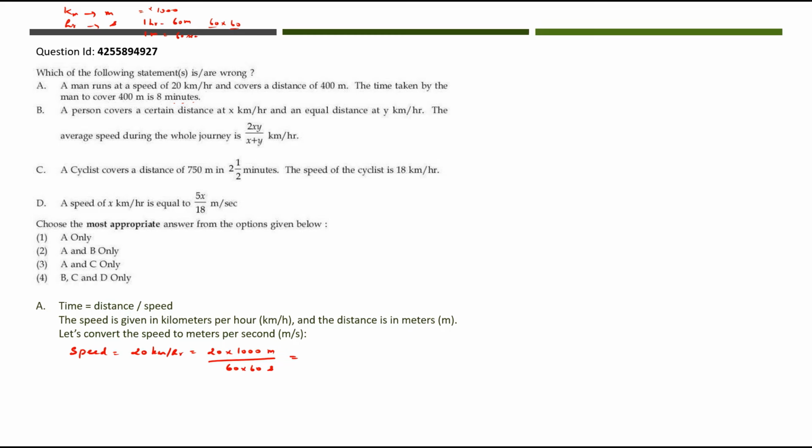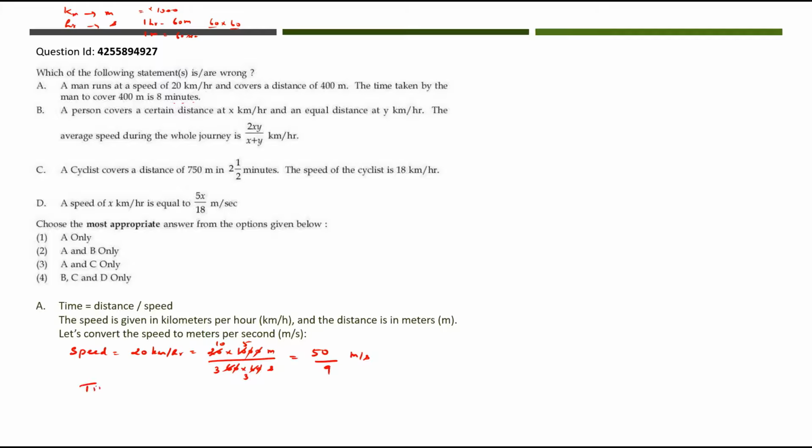So now we have the unit as meter per second. Let's cancel both the zeros in thousand, and now we have 20 and 6. So 2 tens are 20, 2 threes are 6, 2 fives are 10 and 2 threes are 6. What is 10 into 5? It is 50, and what is 3 into 3? It is 9. We have speed equal to 50 divided by 9 meter per second now.